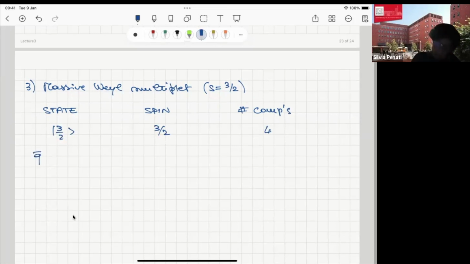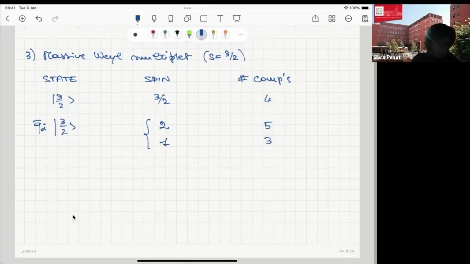When we apply Q bar alpha dot on 3/2, we obtain, as remember, S plus 1/2, which means spin 2, and S minus 1/2, which means spin 1. If we have spin 2, we have 5 components. If we have spin 1, we have 3 components. And finally, if I apply Q bar square to 3/2, we will be back to spin 3/2 with 4 components.